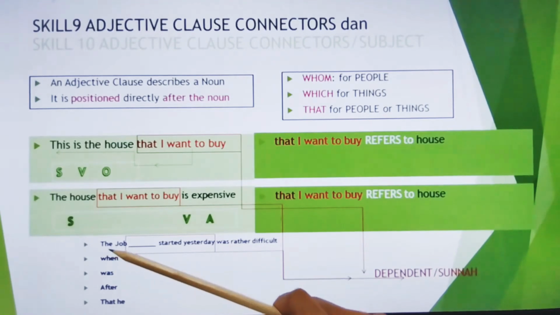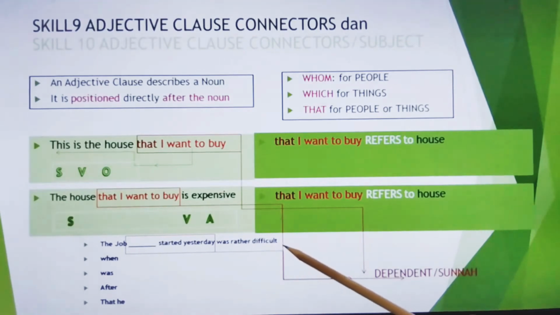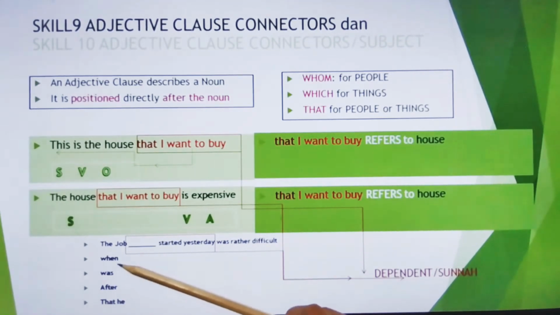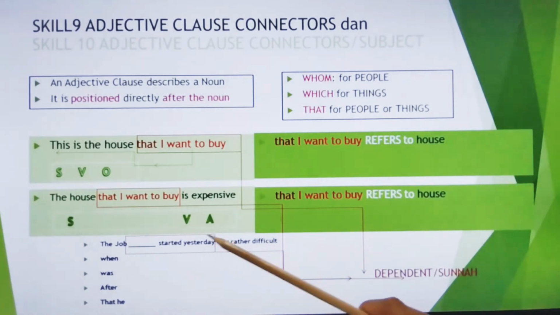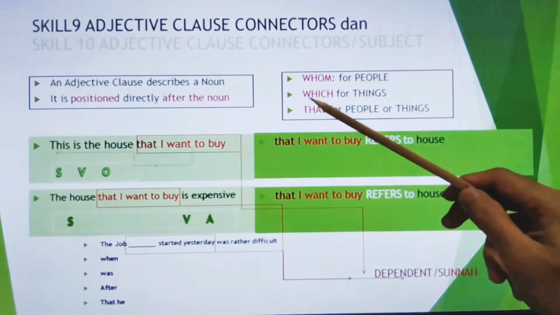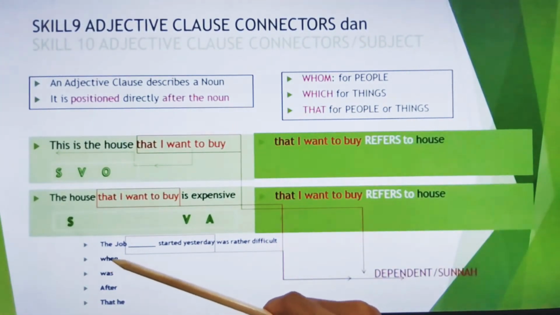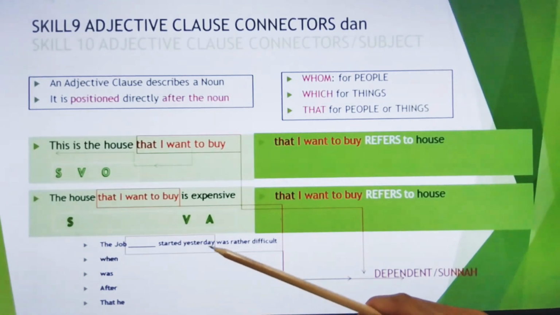So what about this one? The job, blah blah blah started yesterday, was rather difficult. You have to find out which one is the main subject. This one is the main subject, and the rest is supposed to be an adjective clause, because we still have a connector. You have to make a circle where the connector is.